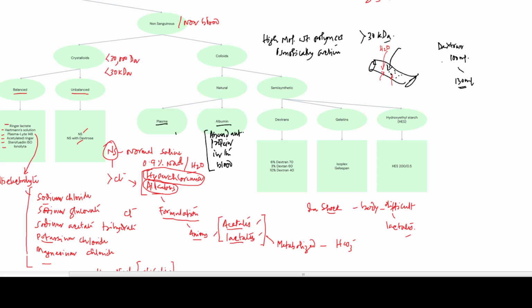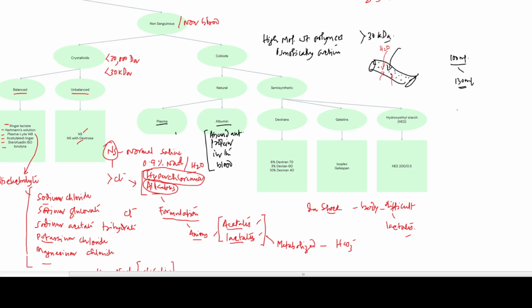Usually if we give solutions which are osmotically active, then the chances are that for every 100 ml we get approximately 130 ml of fluid remaining within the blood vessel.